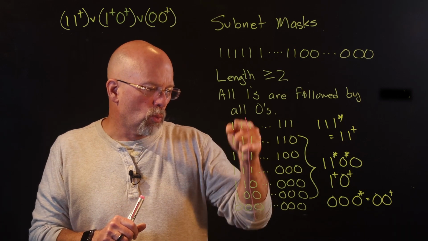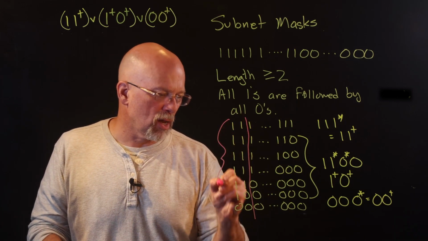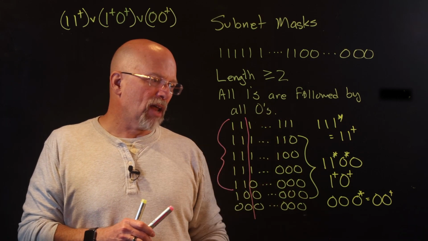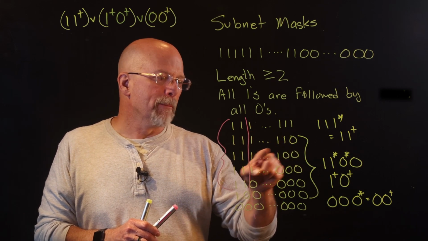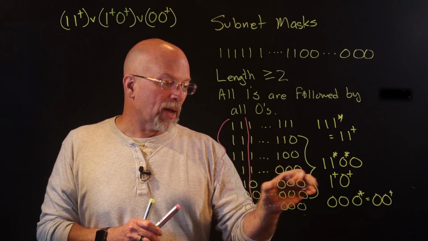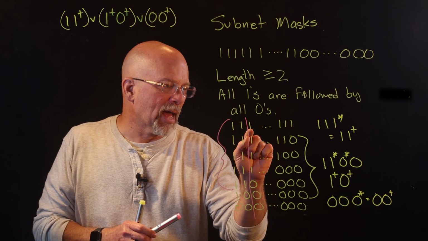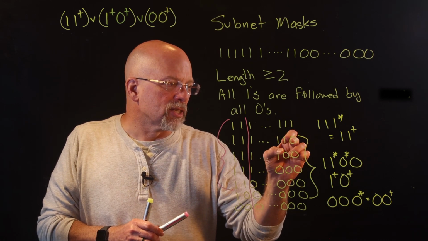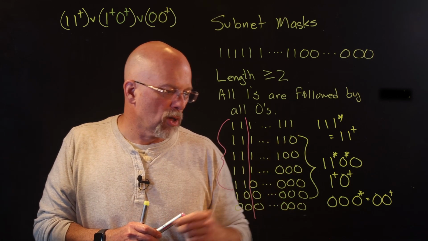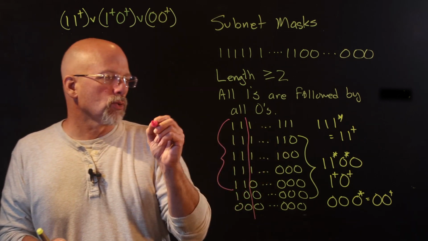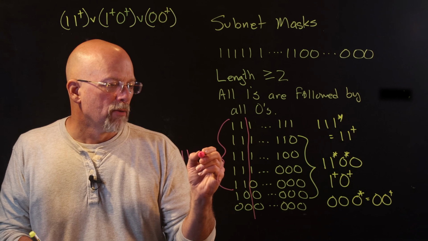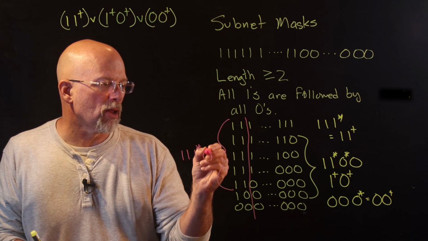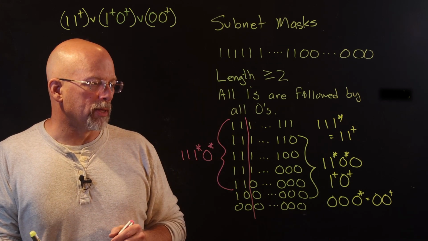If it starts with a 1 1, in this case what we're looking at is all of these cases where it begins with 1 1. If it begins with 1 1, what can it be followed by? Well, it's followed by some amount of 1s or followed by some amount of zeros. So we could have all 1s or all the way down to no 1s. And in the case of the zeros, it can be no zeros all the way up to all zeros. Well, these will just be defined by 1 1 followed by some number of 1s, which could be the empty set, followed by some number of zeros, which could also be the empty set.